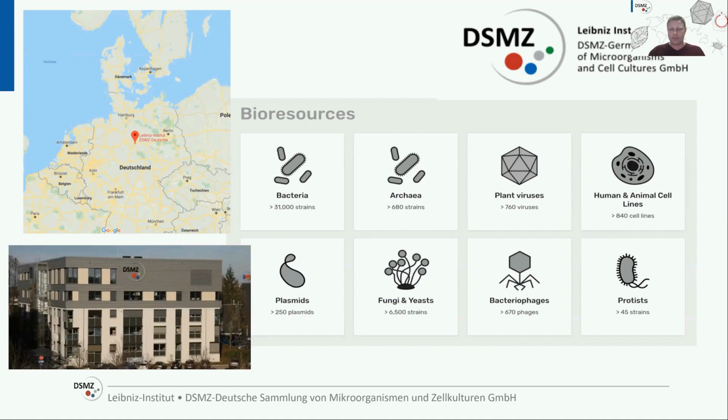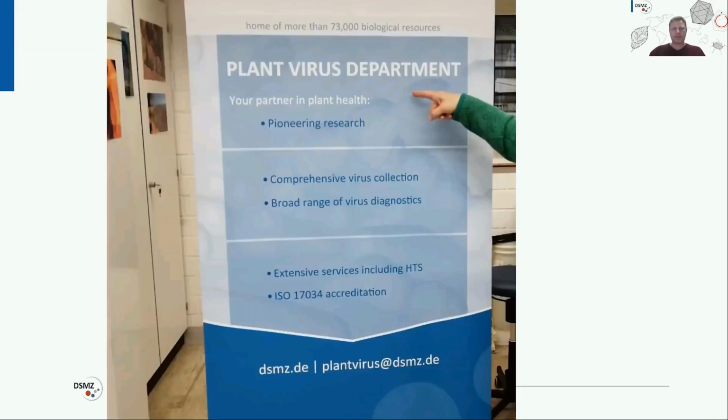Our mission at the DSMZ is quite fascinating. We focus on collecting and providing a variety of biological materials, from bacteria to plant viruses, and also supporting research with our expertise. Christoph and I work for the plant virus department.